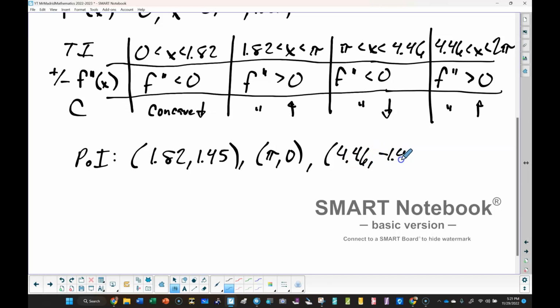Of course, these are the values for the x-coordinate. Negative 1.45 is the y value once you plug it in the calculator.